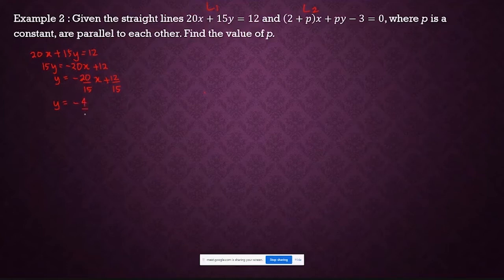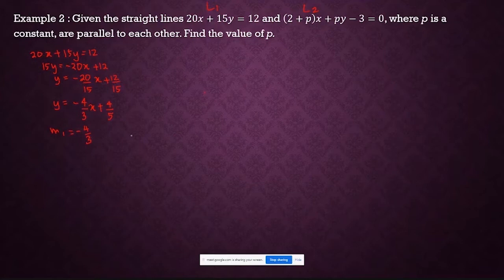And 12 and 15 are the same, we can divide by 3. So 12 divided by 3 is 4, 15 divided by 3 is 5. Now your equation is in the form y equal to mx plus c. So the gradient of the first line is negative 4 over 3.